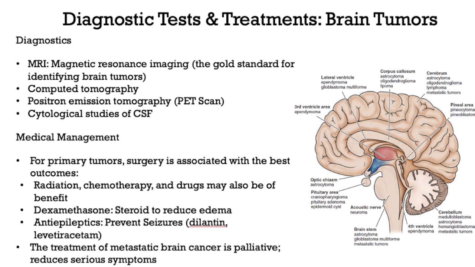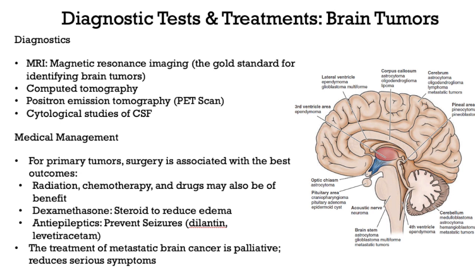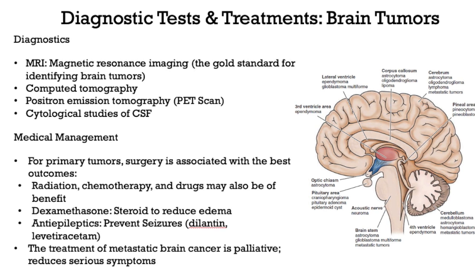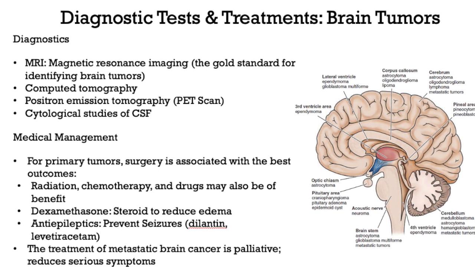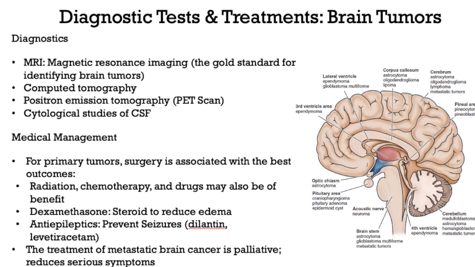We will give them those steroids, that Decadron. We will give them gentle fluid volume resuscitation without causing increased intracranial pressure. We will use those osmotic diuretics to pull extra fluid out of the brain. And then in order to prevent seizures, again, we will give them those anti-epileptics, like Dilantin, Keppra, whatever medications will help prevent another seizure.